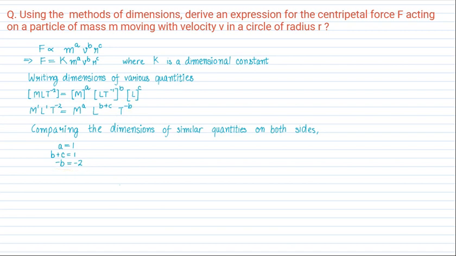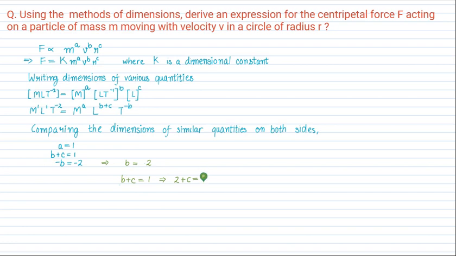Now we have got these three equations. From the last equation, minus b equals minus 2, so I can cancel the negative sign from both sides, and b should be equal to 2. If b equals 2, then using b plus c equals 1 and substituting the value of b, I can write 2 plus c equals 1.